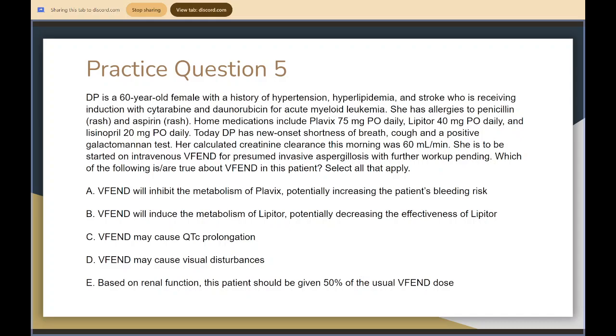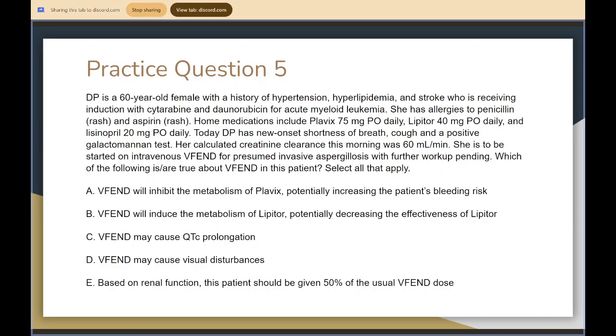Which of the following is or are true about VFend in this patient? Select all that apply. VFend, by the way, is voriconazole. So choice A, VFend will inhibit the metabolism of Plavix, potentially increasing the patient's bleeding risk.